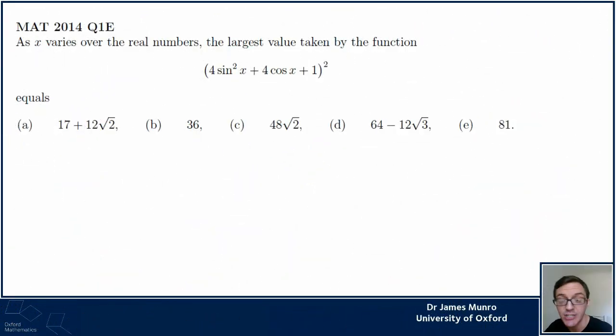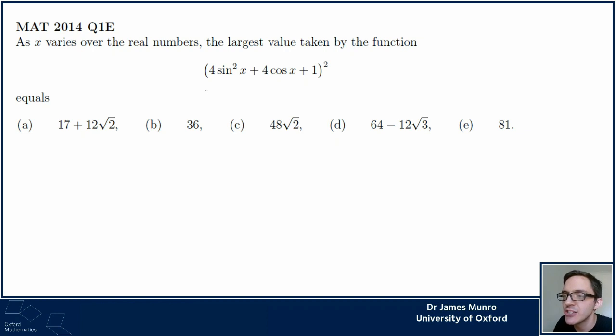So, approaches to this question. I saw someone in chat suggest that this is the sort of question where you want to use facts about sine squared and cos squared to turn it into a quadratic in terms of cos maybe, and then use some quadratic science on it to say where this thing is biggest.